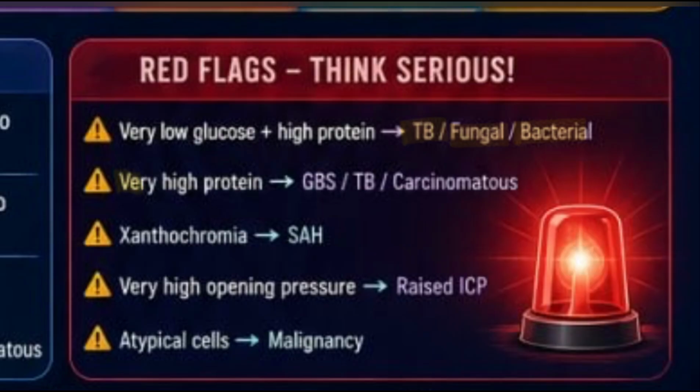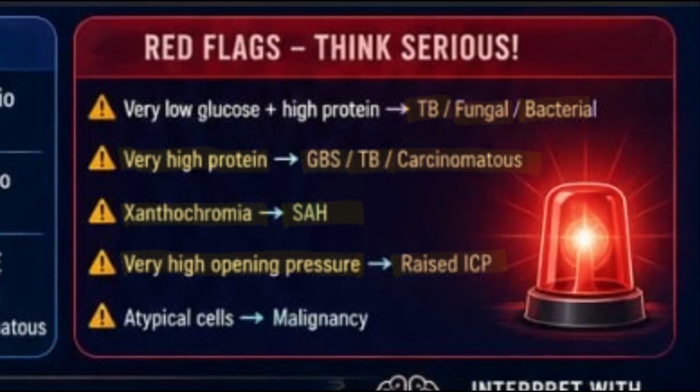If you are seeing very high protein, then you have to suspect Guillain-Barré syndrome or tuberculosis or carcinomatosis. If you are seeing any xanthochromia, then we have to suspect subarachnoid hemorrhage. Very high opening pressure means the patient has raised intracranial pressure. Next we can see atypical cells; if you are seeing them, we have to suspect malignancy.